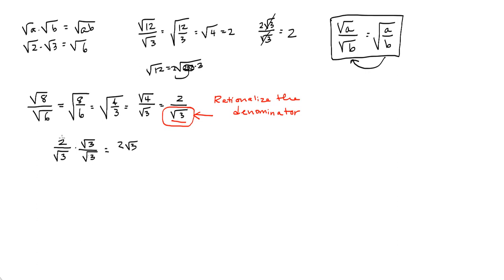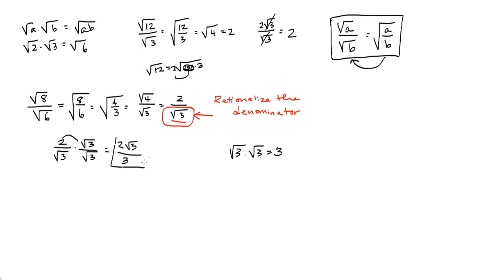Remember, you cannot multiply what's inside a radical times something that's outside a radical. And then radical 3 times radical 3. Remember our multiplication? What did we say about multiplying a radical times itself?